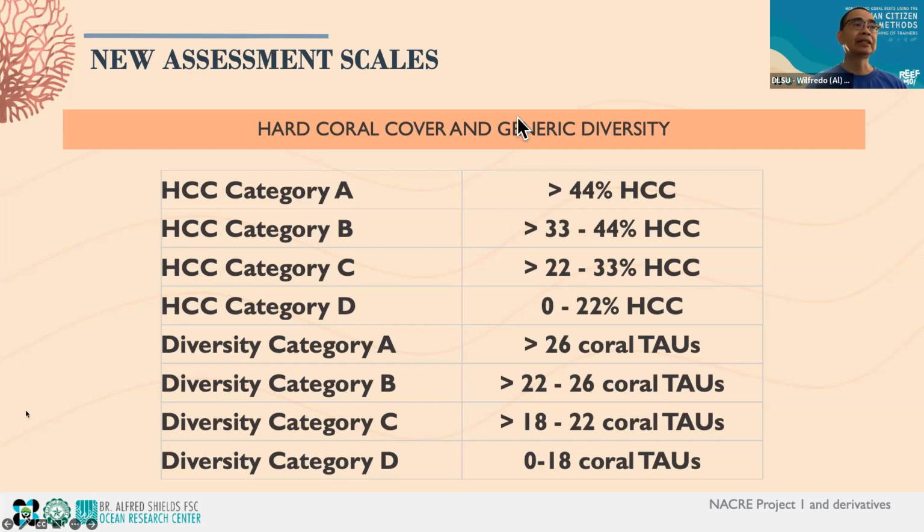And because the differences among the categories are smaller, not 25% jumps, we will also show you shortly that if you have a category D reef, it is not necessarily category D in a few years.